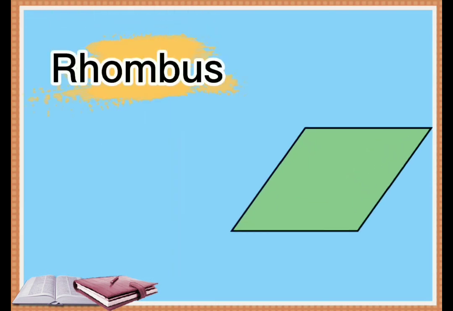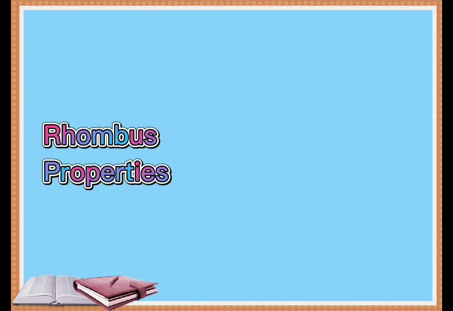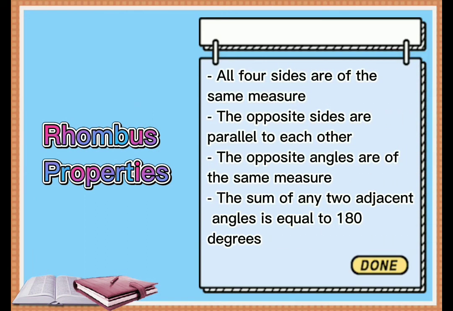Fourth kind of quadrilateral is a rhombus. A rhombus is a quadrilateral with all four sides congruent. Properties of a rhombus. First, all the four sides of a rhombus are of the same measure. Second, the opposite sides of the rhombus are parallel to each other. Third, the opposite angles are of the same measure.